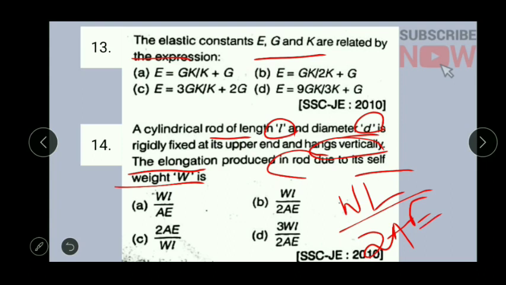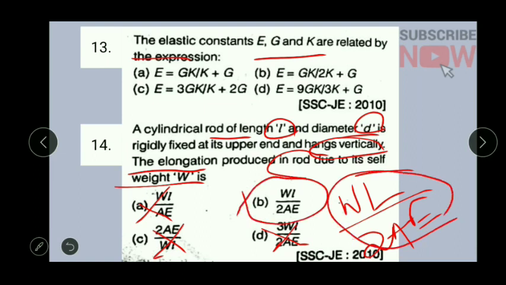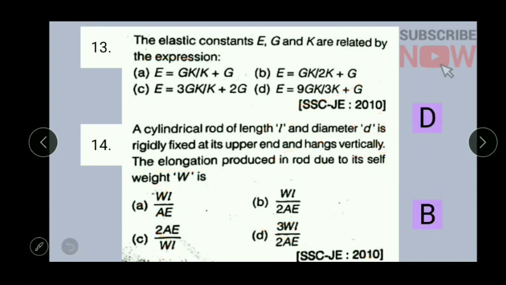So the other options are wrong, and the B option will be the correct one. So for question number 13, the D option is correct, and for question number 14, the B option is correct.